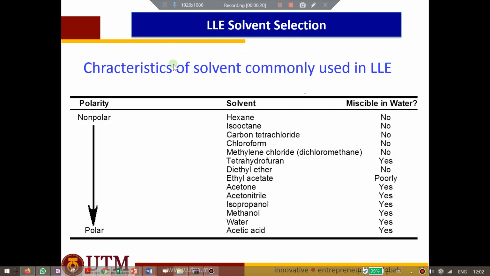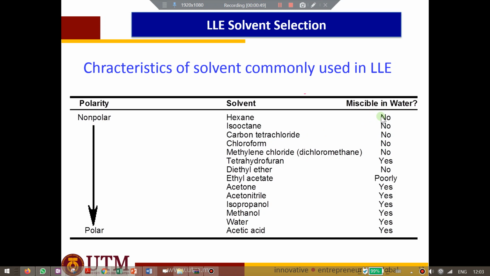The main characteristic we use in LLE is polarity. Let's say our sample is in water, so can we use hexane as the solvent of extraction? Yes, because hexane is not miscible in water.